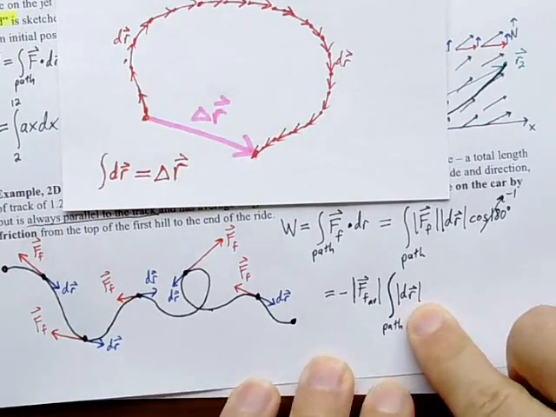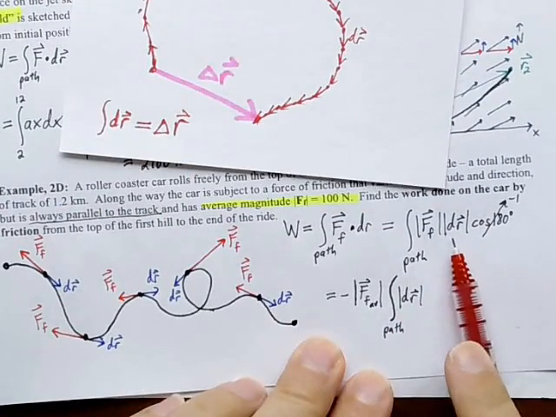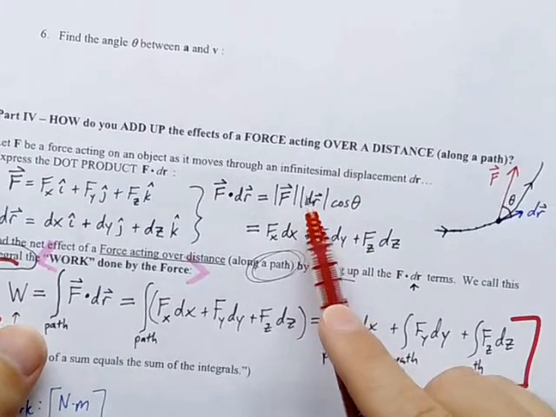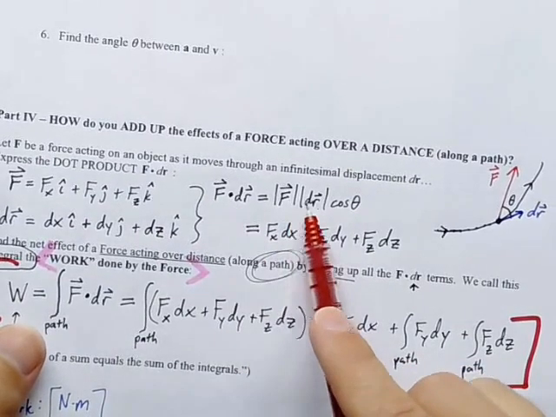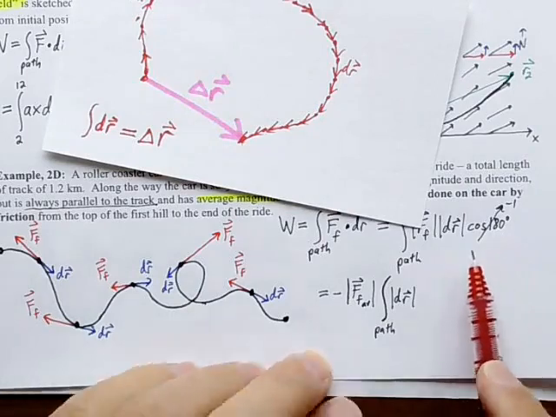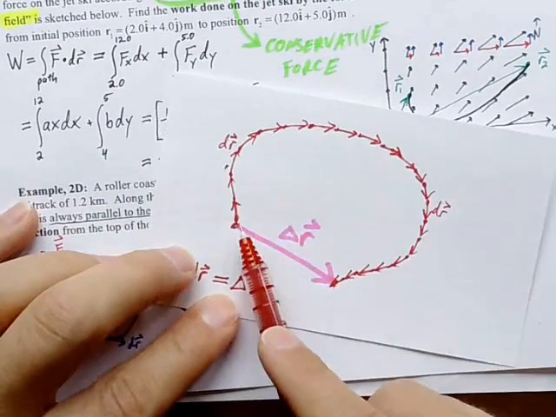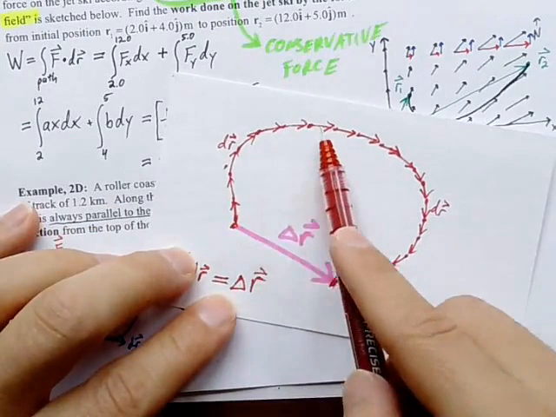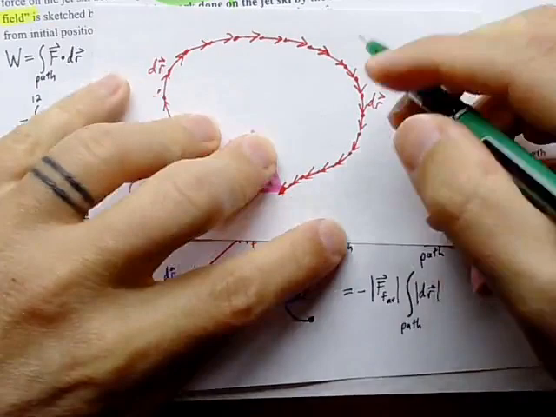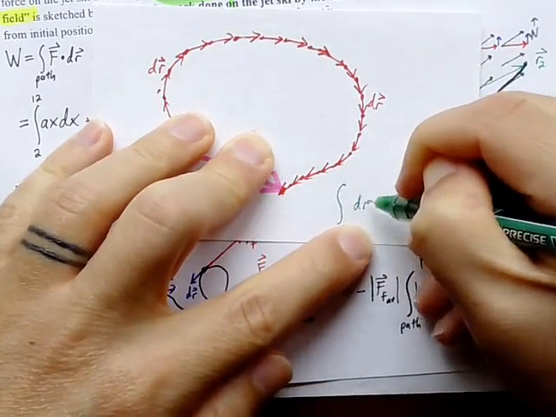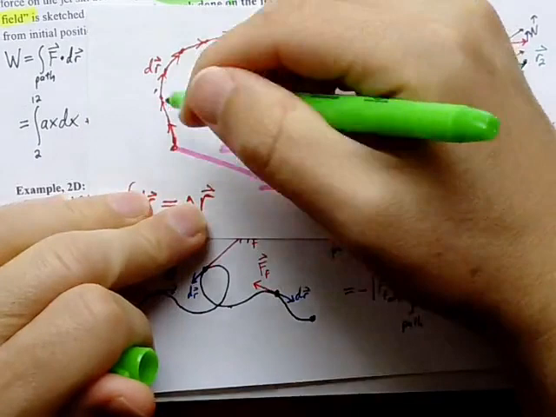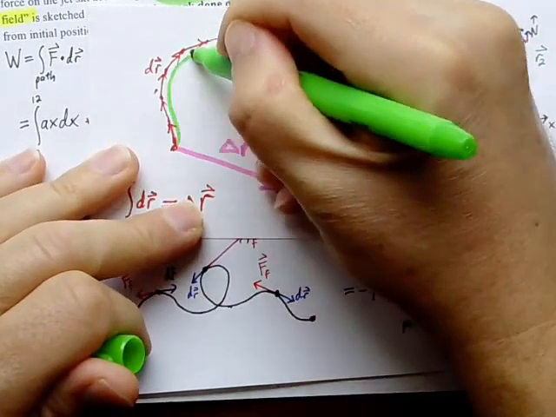Here we're summing up their magnitudes, which came from our definition of dot product. Dot product of these two vectors gives us the product of their magnitudes times the cosine of the angle. We've taken care of the cosine of the angle with that -1. Now we're just adding up the magnitudes, the actual lengths of each of these. We're adding up all of those lengths. So what we're doing in summing the lengths of all those vectors is getting the total length of the path.